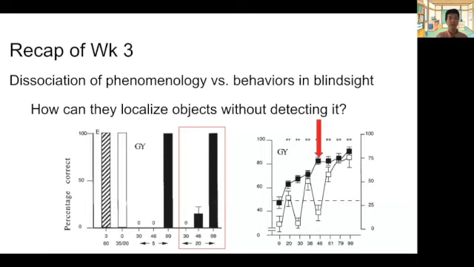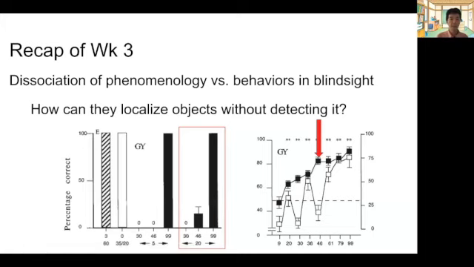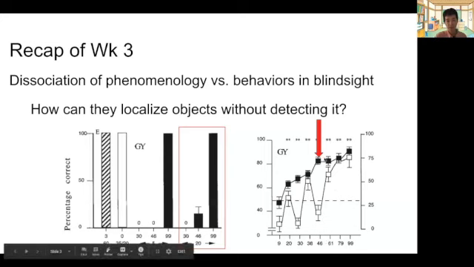If you just ask them what they see, especially for stimuli such as 38 or 46, they would just say no, I don't see anything. But if you ask them to choose one of these, they can just point to it, touch it, at an accuracy of 80% or more. The right side is the proportion of trials where they reported seeing something.